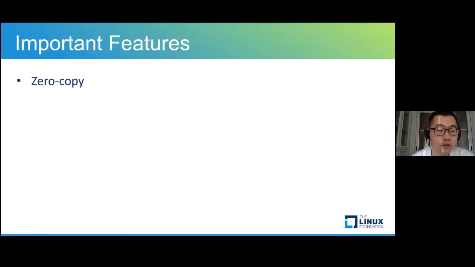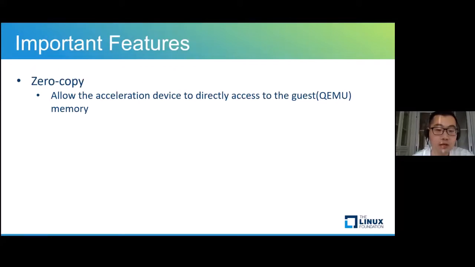Okay, let's go to the third part. I will introduce some features that I used in this solution. The first feature we used is zero copy. With this feature, the accelerator device can directly access the guest memory. The second one we use is multi-page processing.